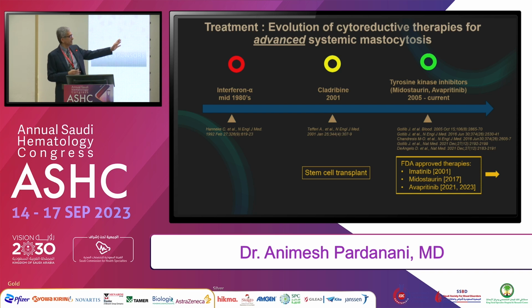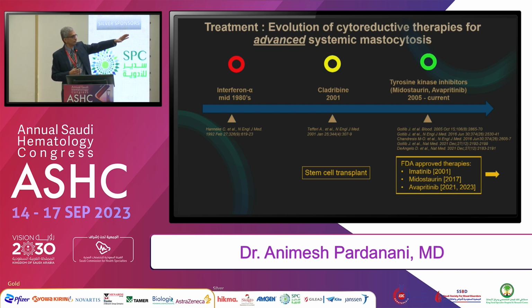In this slide, I've traced the timeline for development of mast cell cytoreductive therapies over a period of 30, 35 years. So at the left, you start with the interferon era in the mid 1980s. Then the next era was when cladribine came on the scene. About 2001 was the first report.